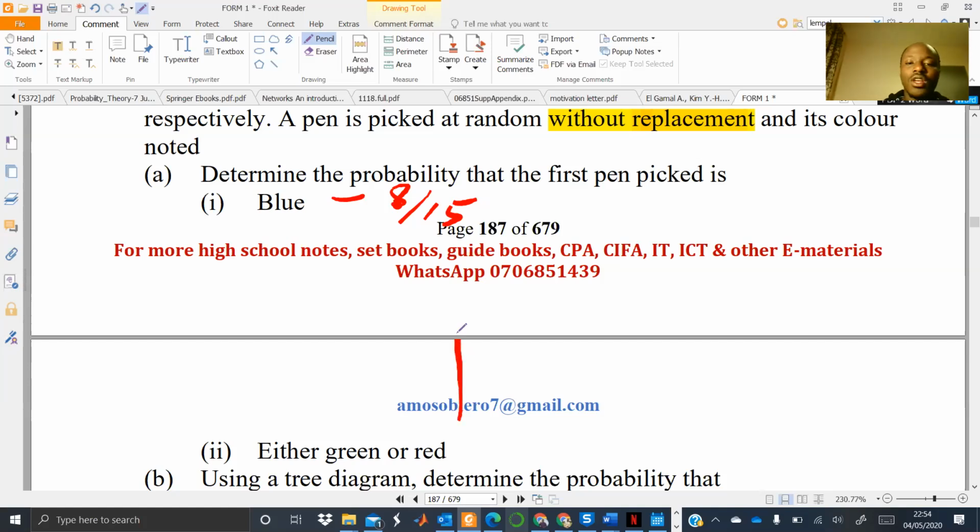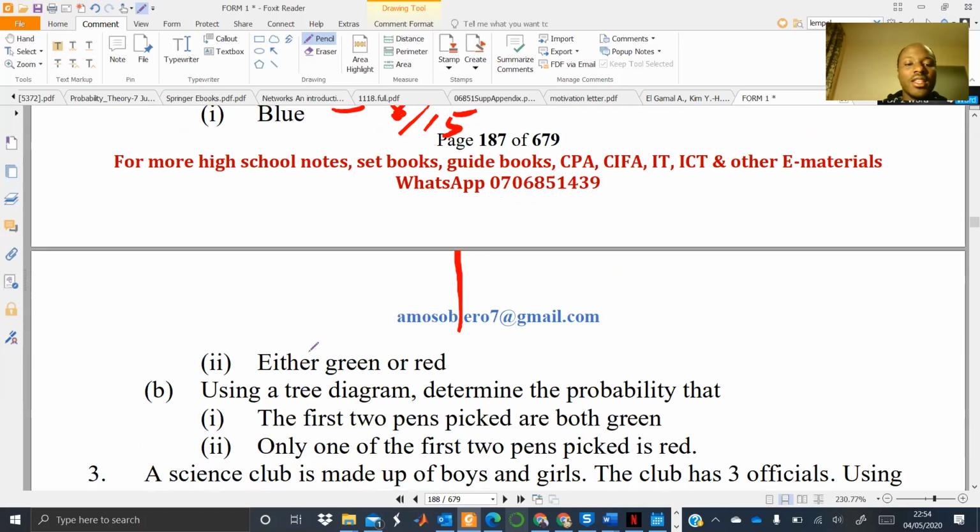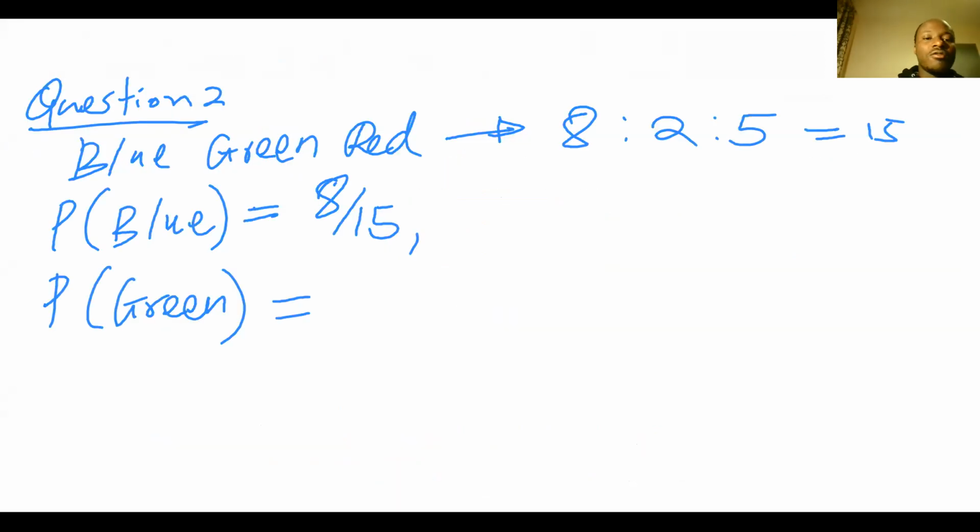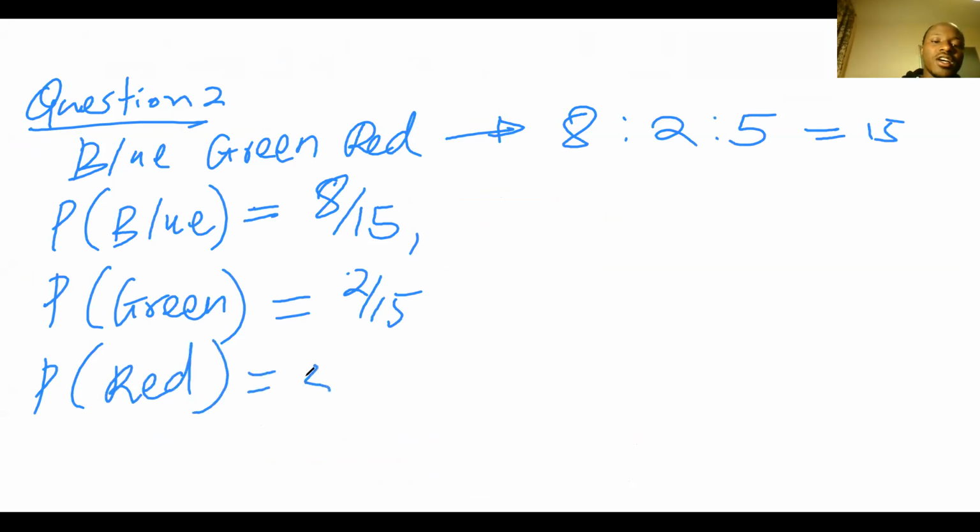Then number 2, here you have either green or red. So let's go back to our board. The first pen picked is either green or red. First of all, we know that the probability of getting a green will be 2 over 15, and the probability of getting a red will be 5 over 15.